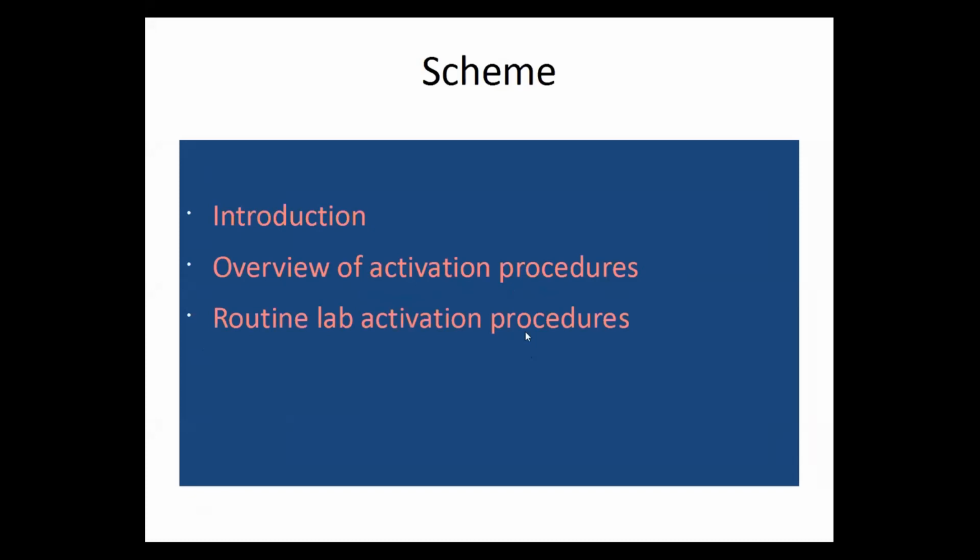So what is an activation procedure? Our aim of doing EEG is to see whether there are any abnormalities in the EEG. So we should be doing something to maximally create a situation where we get the abnormalities. For that we have to do some procedures which are known as activation procedures.